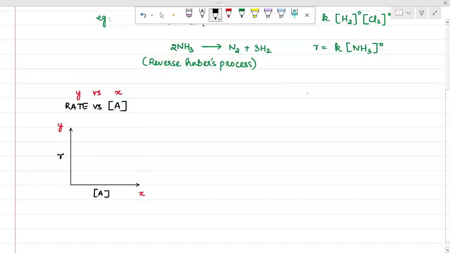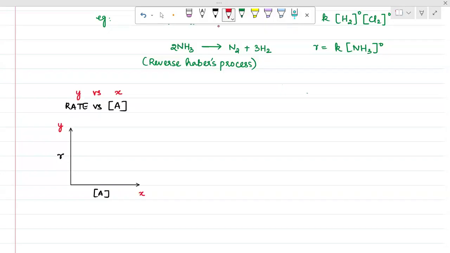Now, what is given? We already know that it's a zero order reaction. And whatever happens to the concentration of the reactant, whether it increases or decreases, our rate does not change. It remains a constant. If it has a value of 10 moles per liter per second, it will remain the same. Correct?